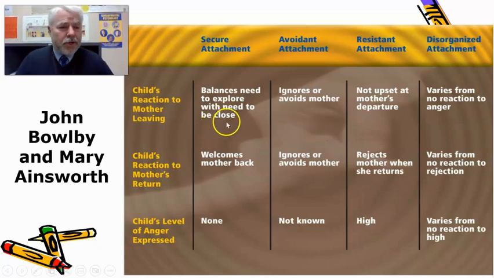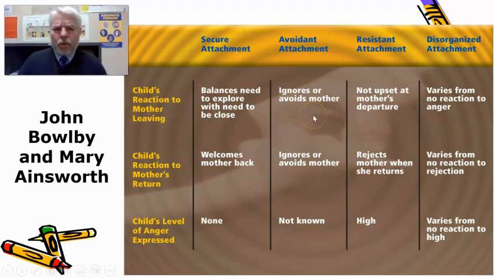When a child is securely attached, in reaction to the mother's leaving, they're going to balance the need to explore with the need to be close. They tend to welcome the mother back when she returns. That is their reaction upon return. And they don't really express much anger. So the securely attached or emotionally secure child is okay with mom leaving. Maybe a little tiny bit anxious, but she's very happy when she comes back and they're not angry.